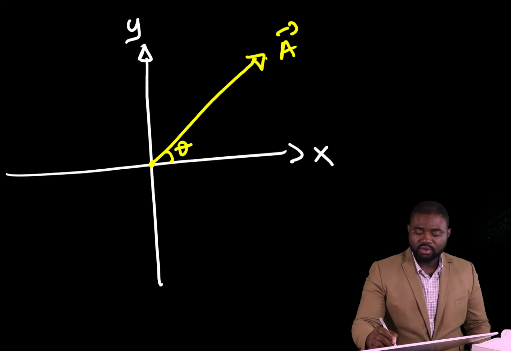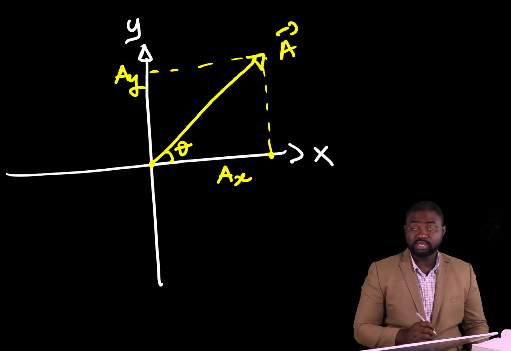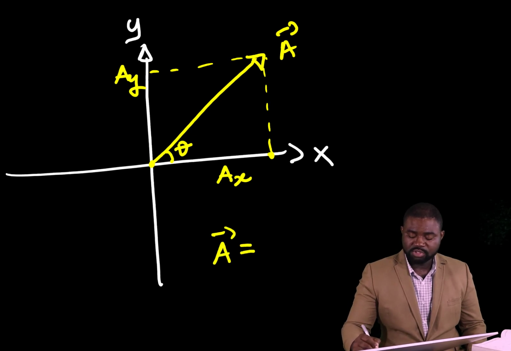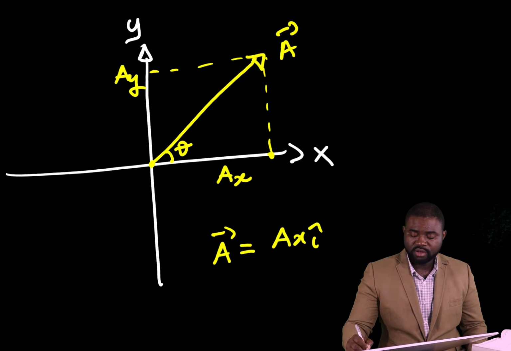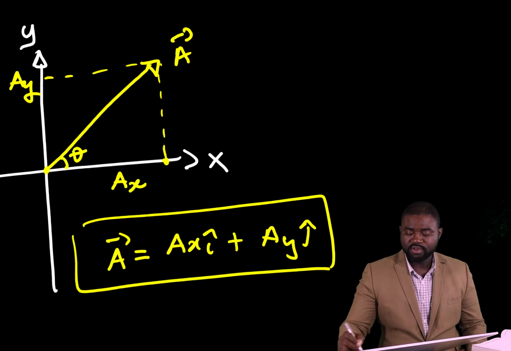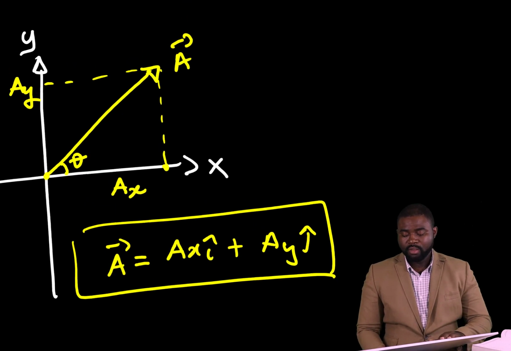This vector A will have a component along the x direction. This is A_x. And a component along the y direction. This is A_y. Therefore, the vector A can be represented in terms of components as A_x i plus A_y j. So we have represented the vector A in terms of its components along the x direction and along the y direction. And in doing so, we can decompose or break down the vector into its various components. All right, thank you.